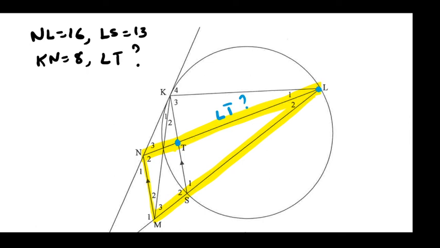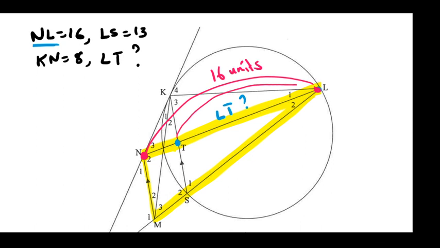And then what we have is that NL is equal to 16 units. So from here, let me use another color, from here, N to L, is 16 units, right? But we don't know this one here.